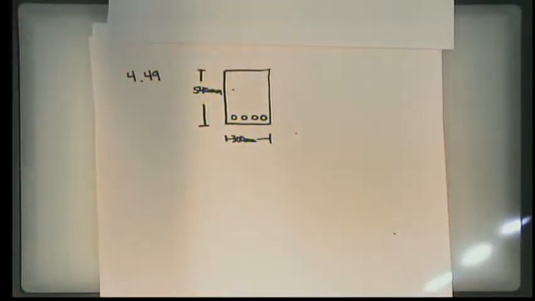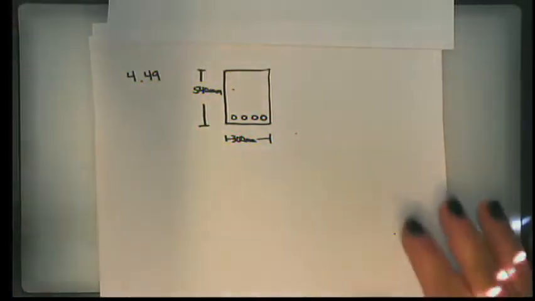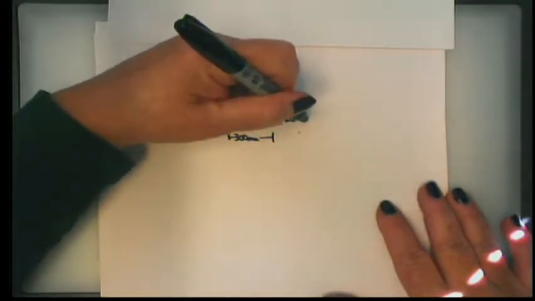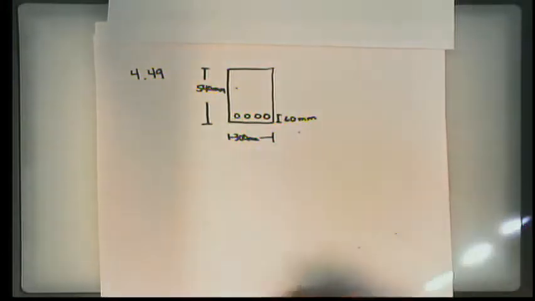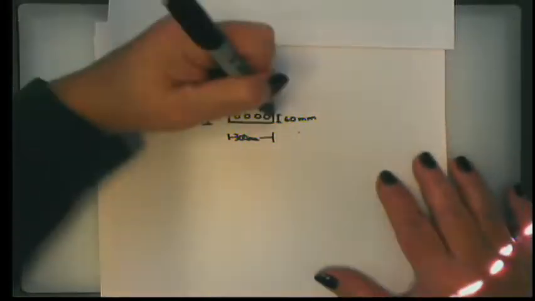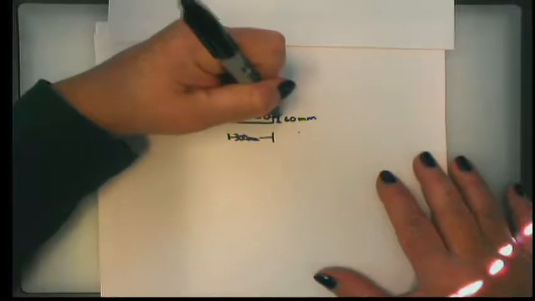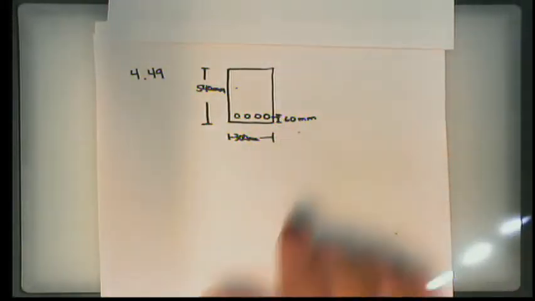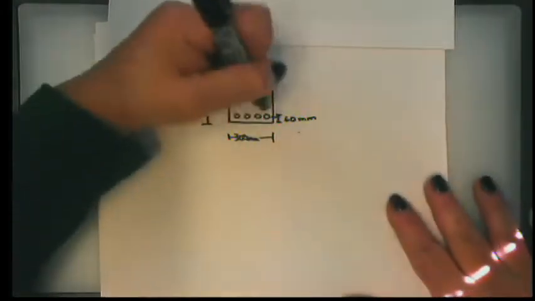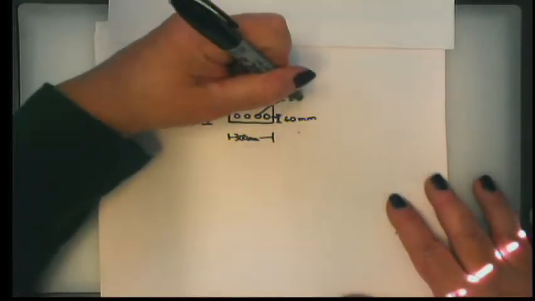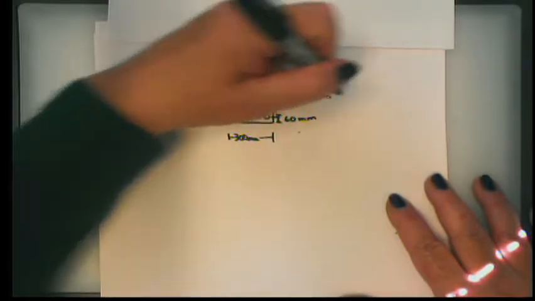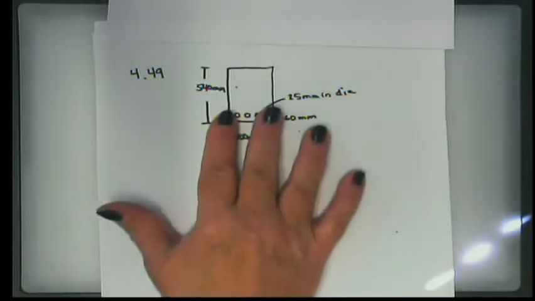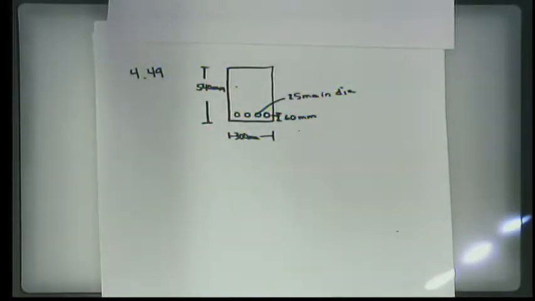There are 4 steel rebar pieces in here, and the center of those pieces of rebar is located 60 millimeters off of the bottom. I'm sorry, this should be to the center, not to the top. Okay, so we're 60 millimeters from the center to the bottom of the slab. We are told that each piece of rebar is 25 millimeters in diameter. Okay? And so there's our physical geometry of the situation.